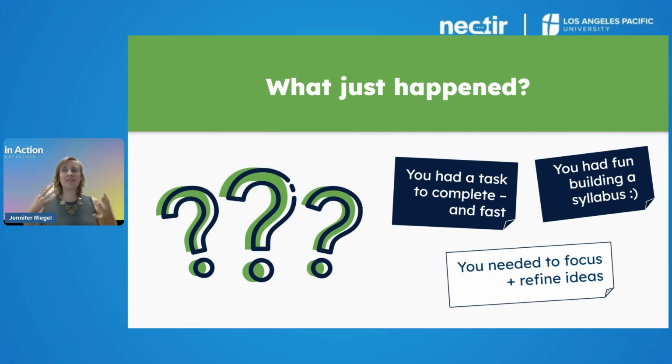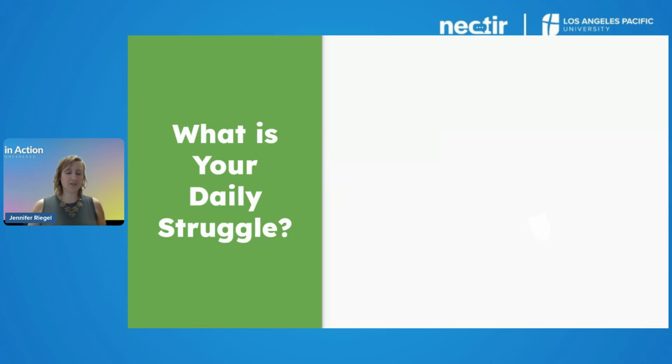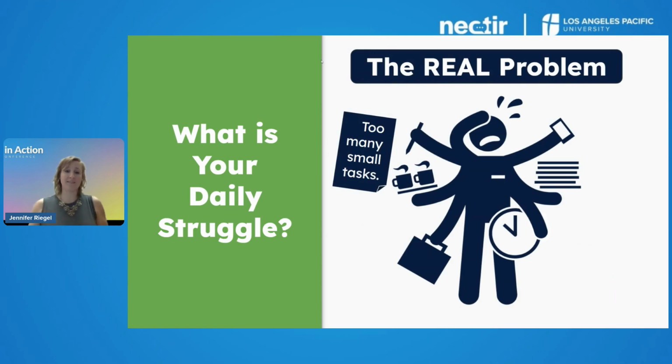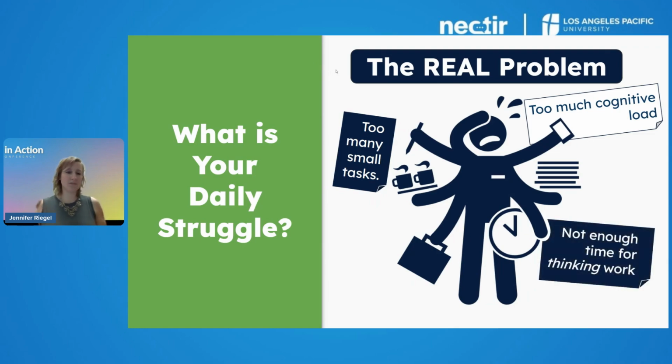And this type of task is pretty characteristic of what everybody runs into, that there's some sort of daily struggle, a task similar to this that we have to complete. And in a lot of cases, there's a lot of tasks like that. It takes up a lot of our brain power and a lot of our time, and we don't have as much time to think about or do the part of our job that we really, really love.